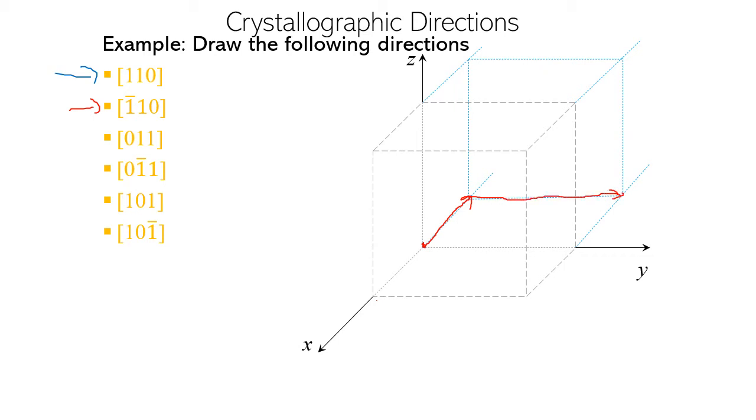So that is the point. Connect this with the origin. We get the required direction. So this green direction represents the required direction, 1 bar, 1, 0.